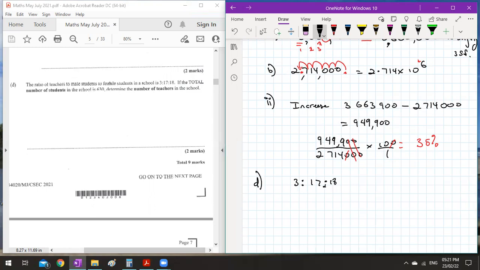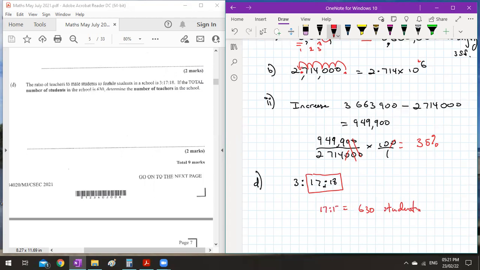What they're saying is that this part of the ratio, the number of students, 17 to 18, is equal to 630 students. Now let's think about it in terms of shares, or in terms of parts.